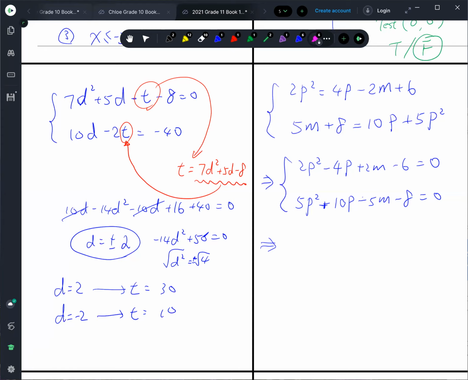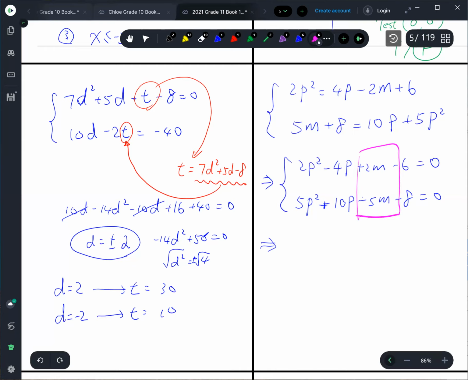P, you have a lot more, right? So it's up to you. What do you want to do? Isolate and eliminate P or M? M. How do you do that? You times one by -5 and the other one by 2, so make them both into -10.